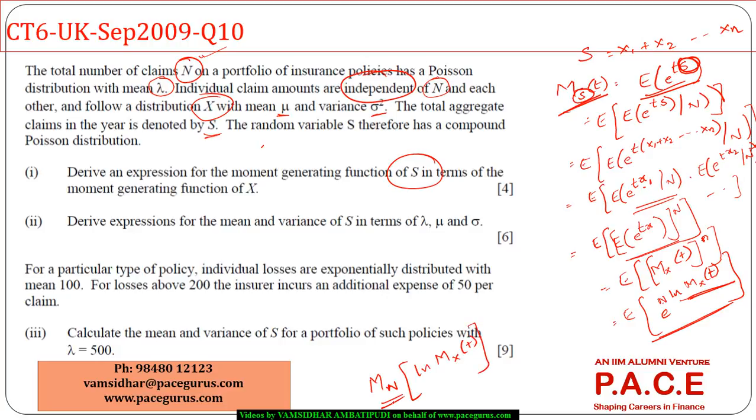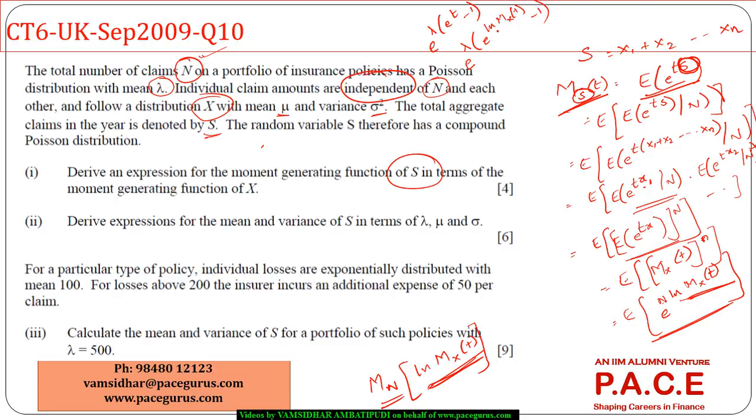N is nothing but the number of claims. I know it's a Poisson distribution, and because it's a Poisson distribution, its moment generating function is e to the power of lambda times (e to the power t minus 1). So I'll use that, where the t for me is log MX of t. So this will become e to the power of lambda times (e to the power of log MX of t, minus 1).